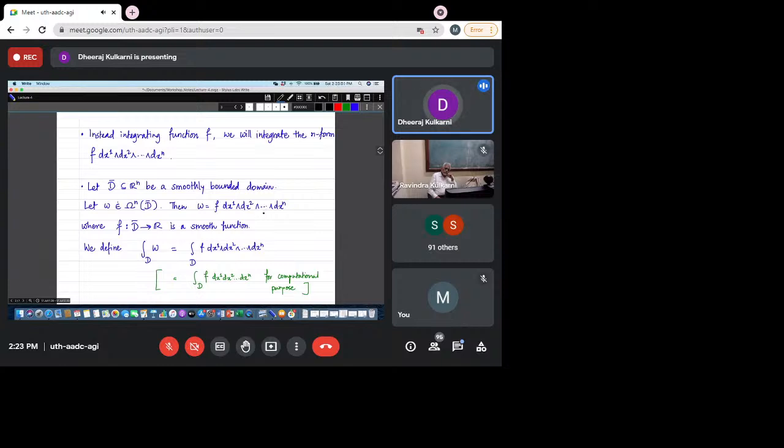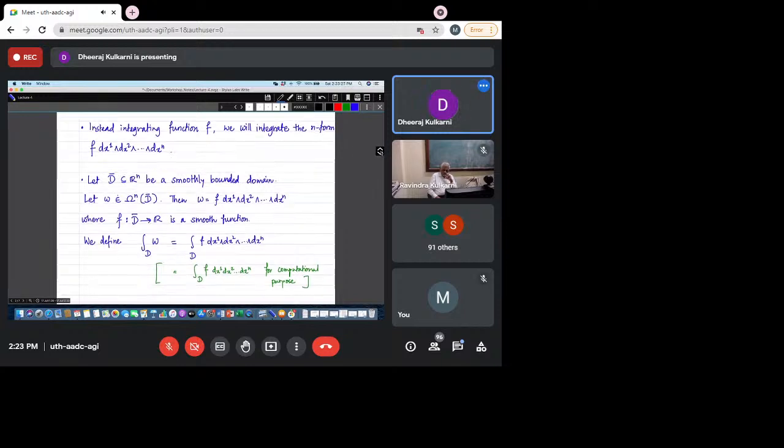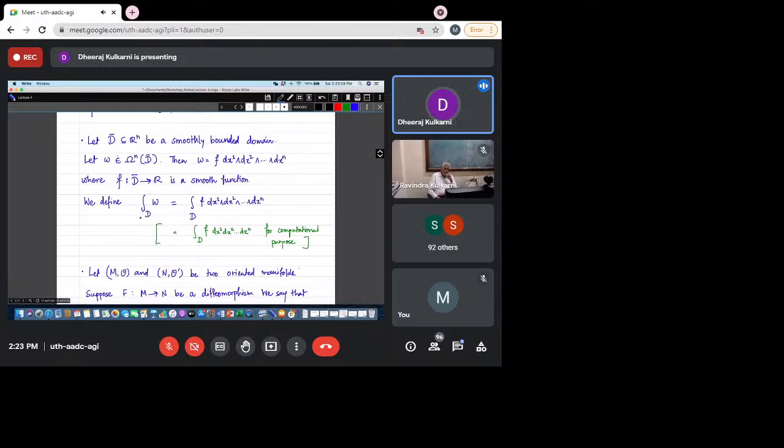You have the global coordinate system x1, x2, ..., xn, so I take the volume form given by their wedge product. Now this f, we will assume for a moment that it's a smooth function, though all the analytical issues, if we try to reduce the regularity, we will not concern ourselves with here. So we will define the integral of omega on this domain D.